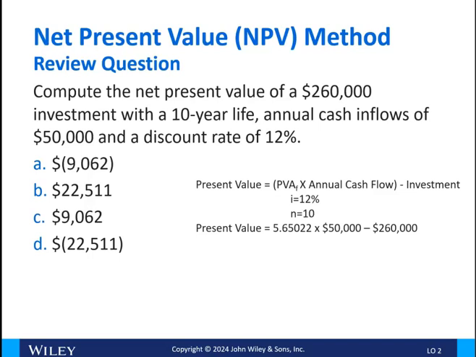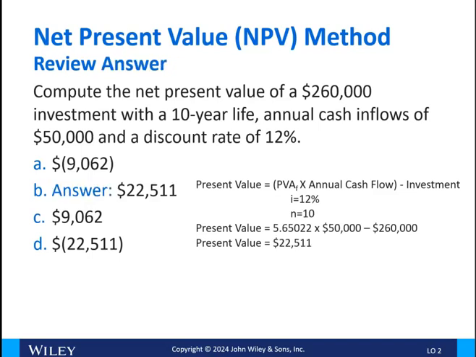It's also the same one we used in the earlier example, so we could go back to that example as well. $50,000 annual cash inflows. So we have that, and we're going to subtract then $260,000, and our answer is $22,500 positive. So we would accept this project because we have a pretty good, a strong positive net present value.